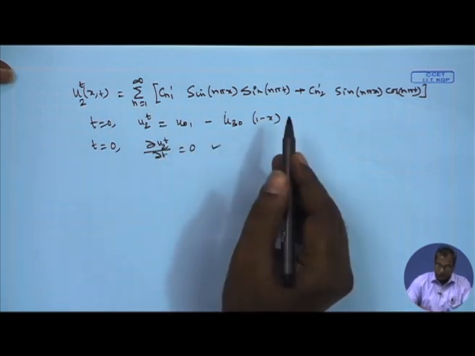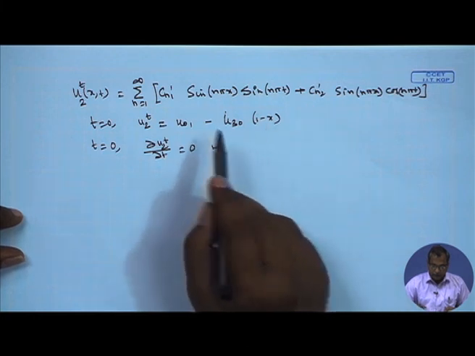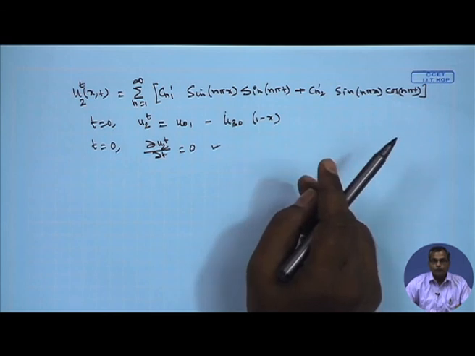So, because of these initial conditions, one of the constants will vanish and the other constant will survive. So, this will be the solution of u2t.